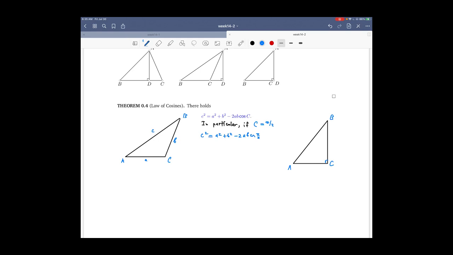And because cosine of pi over 2 is of course 0, we simply get a squared plus b squared, known to you as the Pythagorean theorem. So in a certain sense, the law of cosines is a generalization of the Pythagorean theorem.